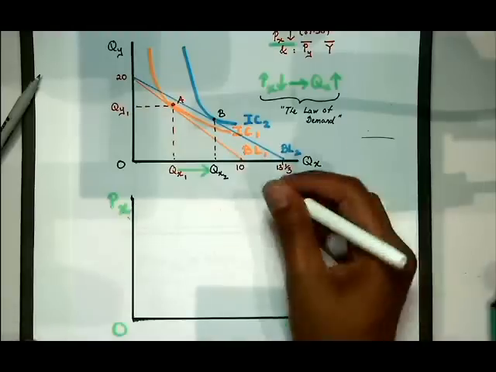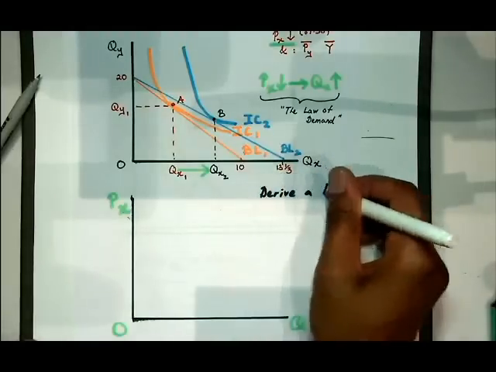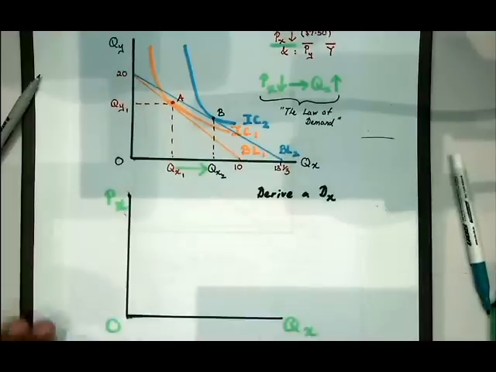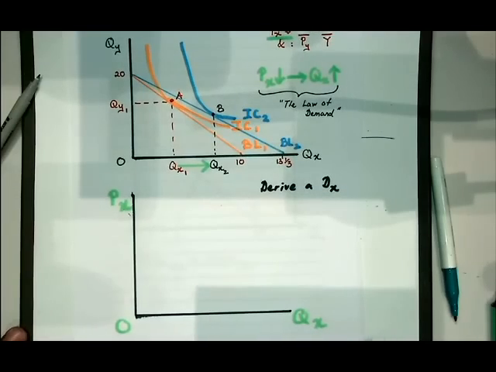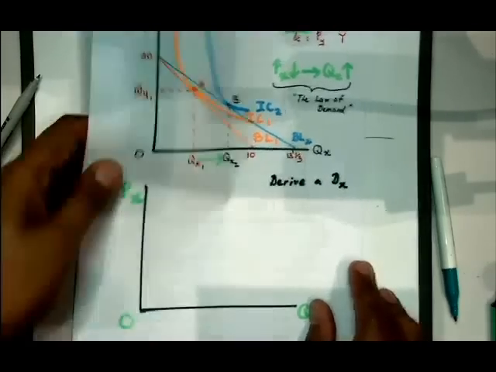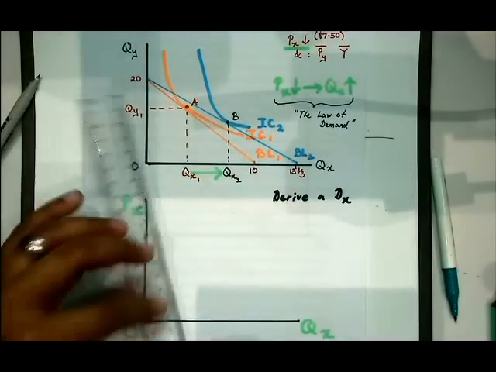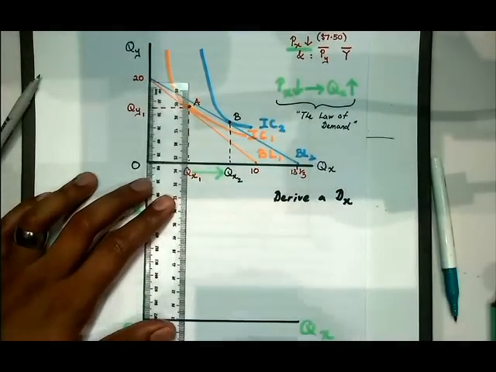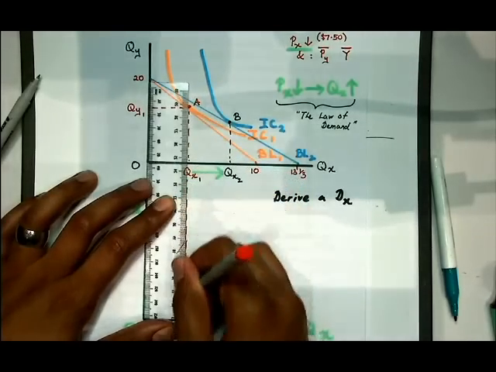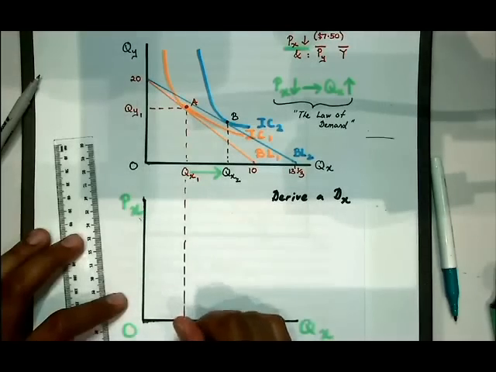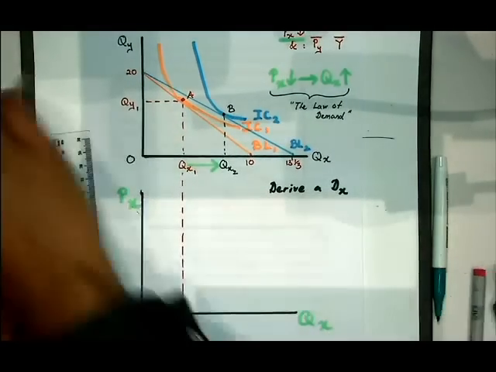So we're going to derive a demand for X. What you do is you drag the numbers from the top to the bottom.